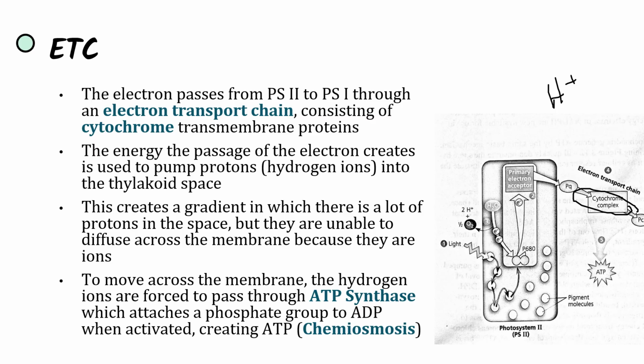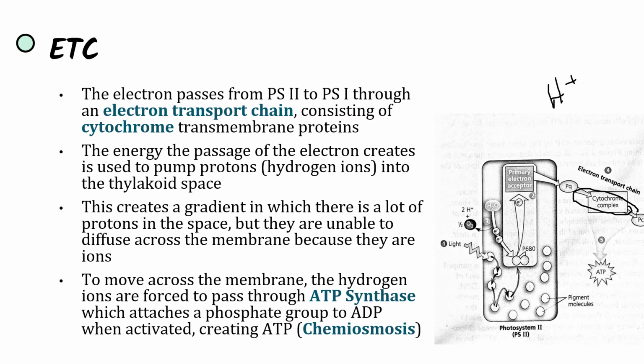So essentially, the electron transport chain, which produces protons, plus some of the protons from the water molecule are going to make it up into the thylakoid space, creating an imbalance where there are going to be lots of protons in the thylakoid space, but not many on the other side of the membrane.